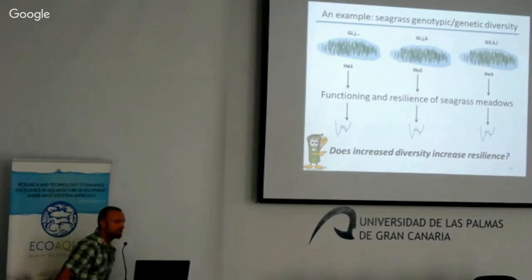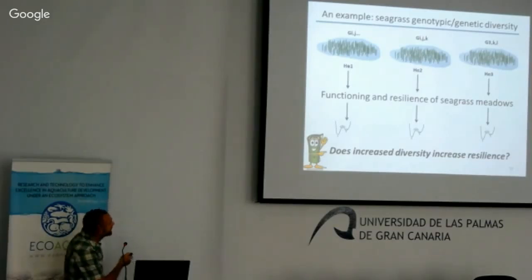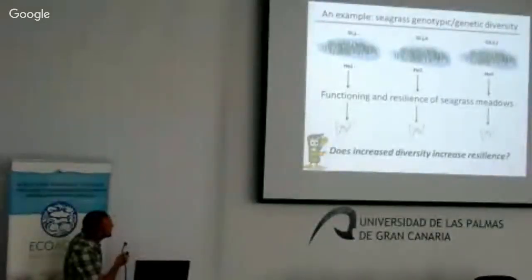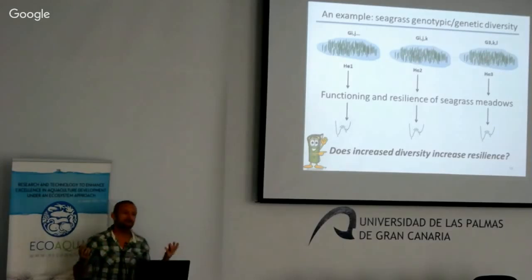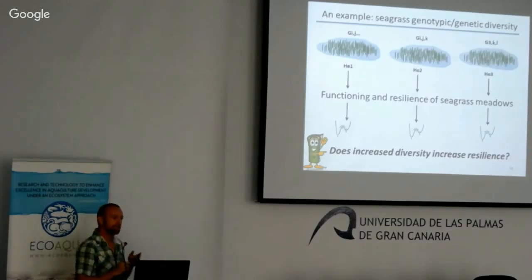It's also important to keep in mind that if we have, for example, three seagrass meadows, as I have here, they can be constituted by a certain number of genotypes. Imagine, for example, that this one is constituted by two genotypes, this by three genotypes, and this one by another three genotypes or whatever. But these seagrass meadows can differ in terms of the number of genotypes, and they can also differ in terms of the genetic relatedness among them.